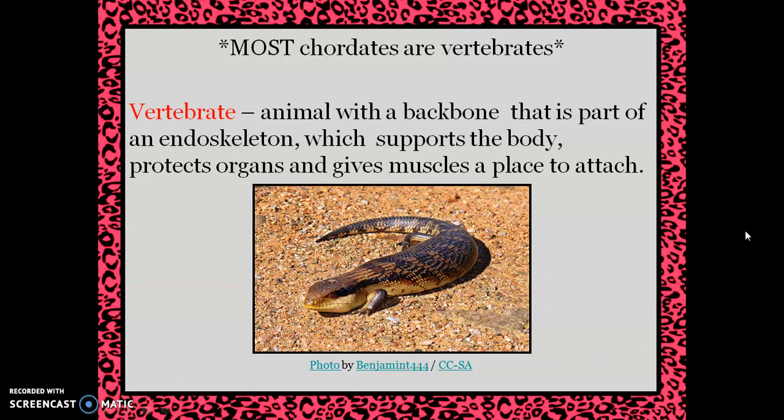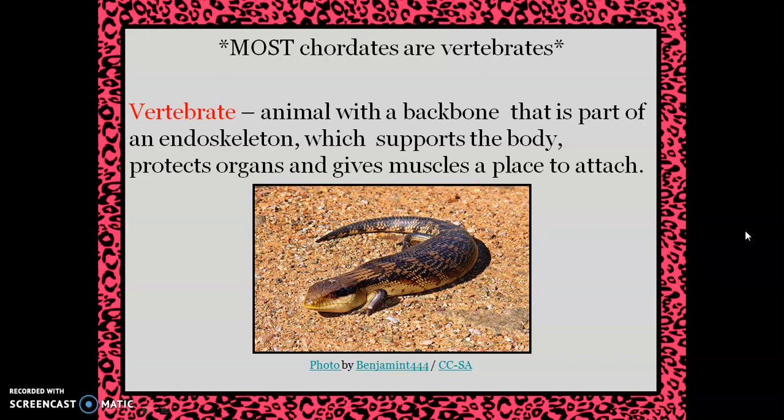And protection of the organisms, think of your rib cage. That protects your internal organs, what we refer to as our vital organs, heart, lungs, liver, that sort of thing, that if damaged, can endanger the life of the organism.